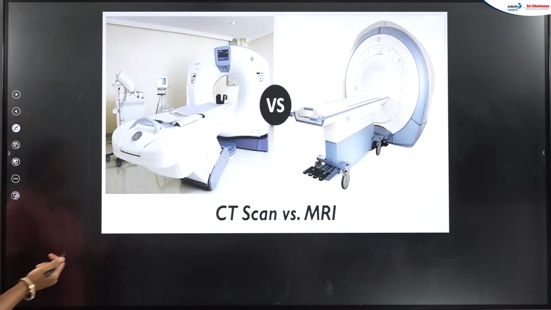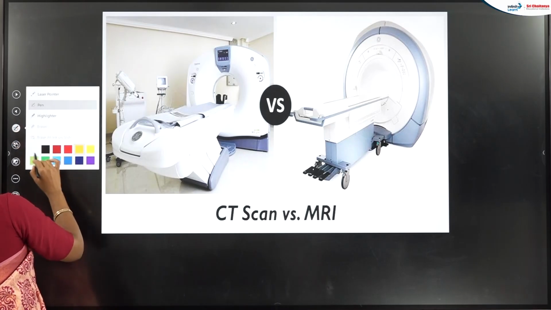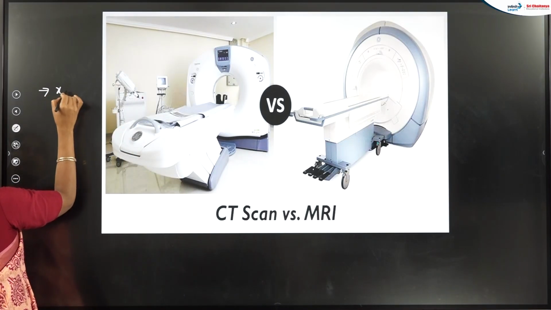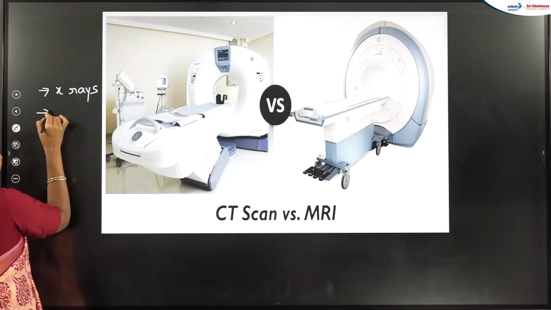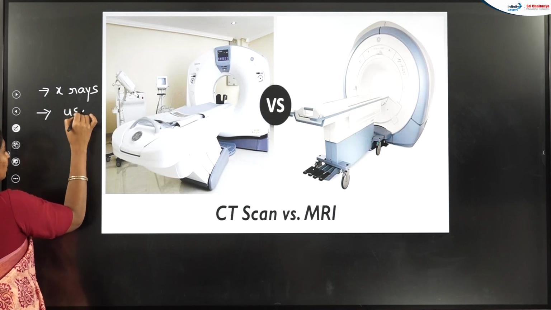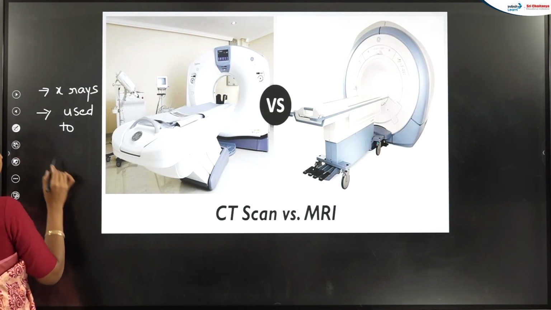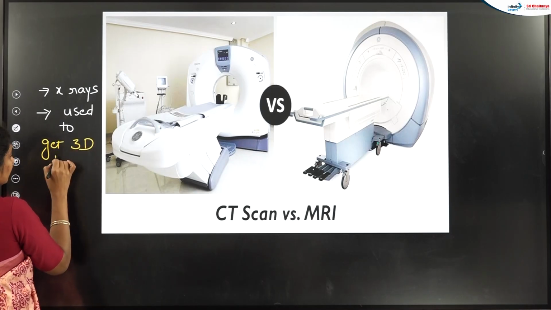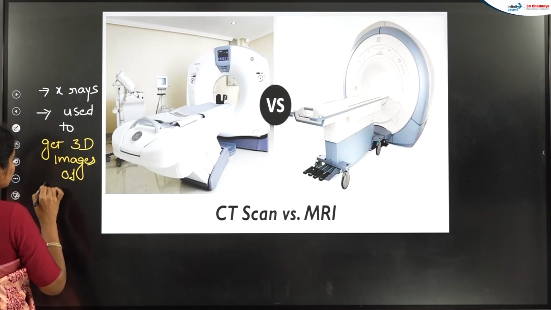Next, the difference between CT scan and MRI: in the case of CT scan, they are using X-rays, and CT scan is used to get 3D images of internal organs.